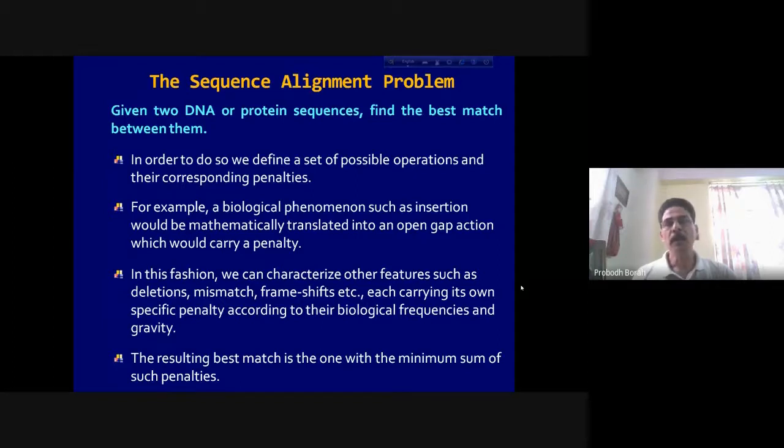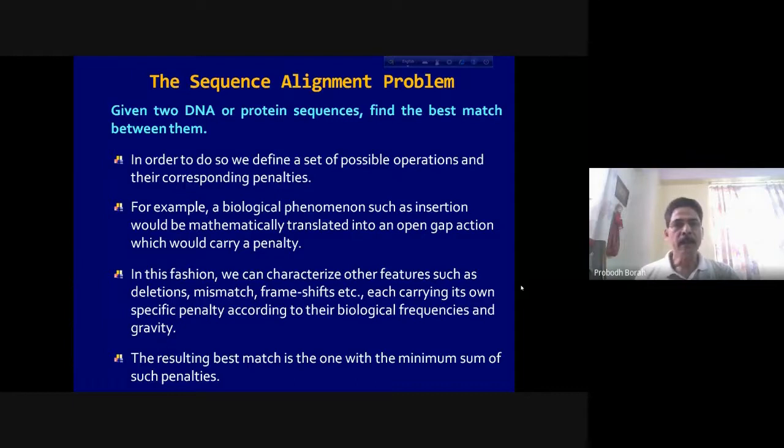One is the point mutation, which occurs due to replacement of one nucleotide by another. And the other is called frame-shift mutation, where there is an insertion or deletion of one or more nucleotides from a gene or genome sequence.